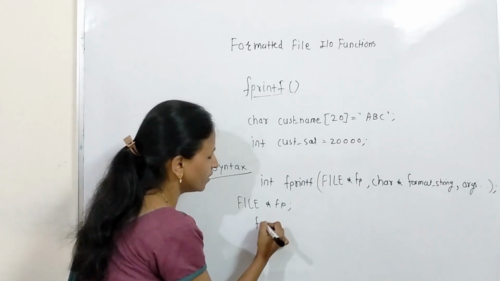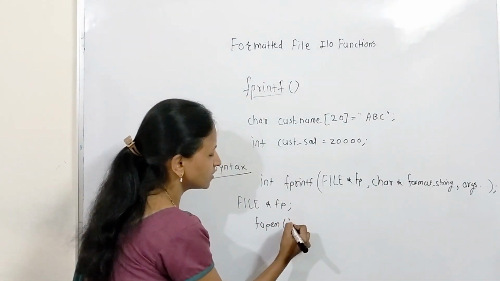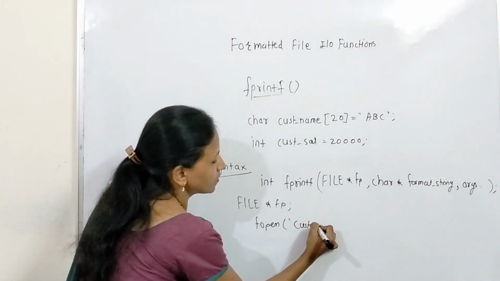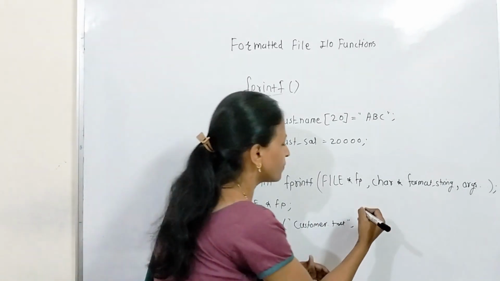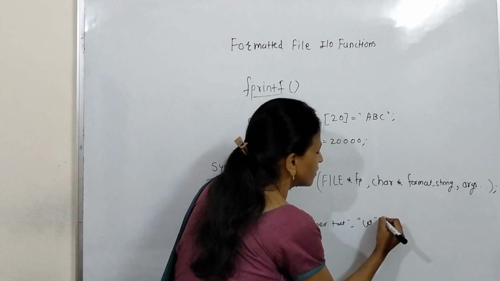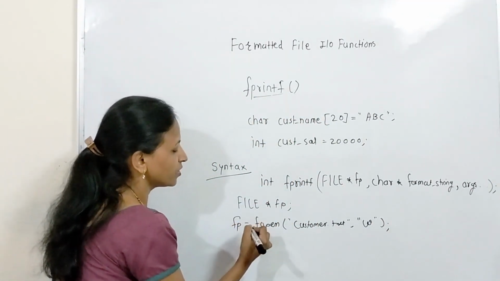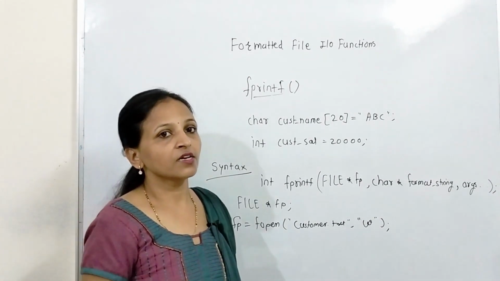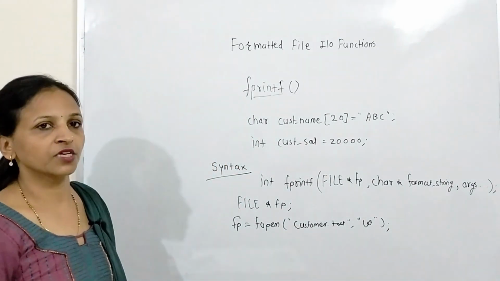The function is fopen, and here we have to pass the file name first. Let it be customer.txt, and then comma. In write mode we have to open this file because we are going to write contents to the file. This function will return the file pointer that we have to store inside fp. Now if fp is not equal to NULL, it means file opening is successful, the file has been created successfully.